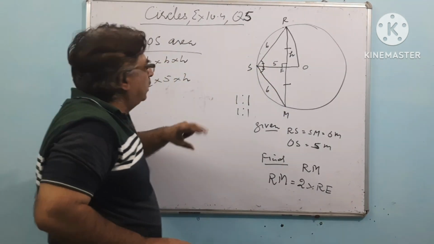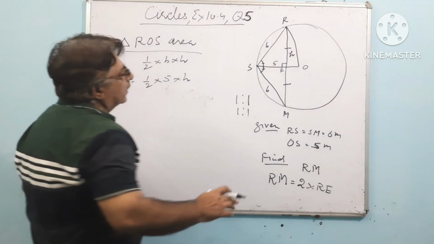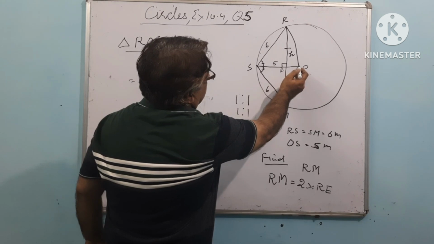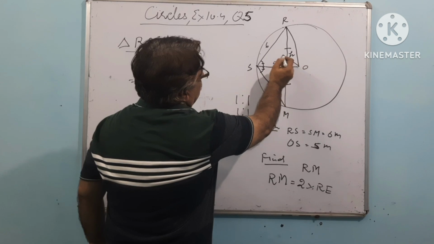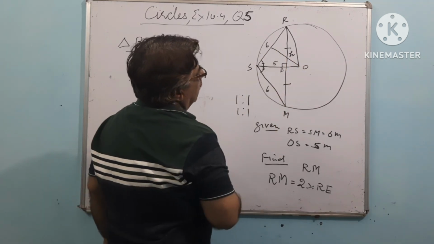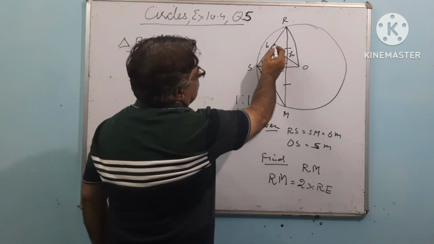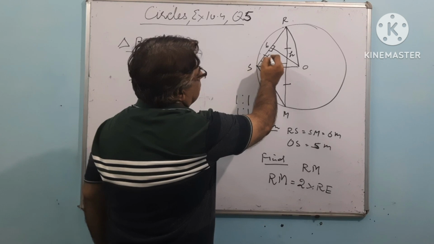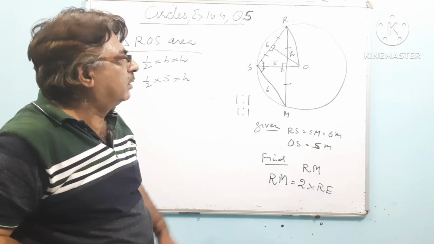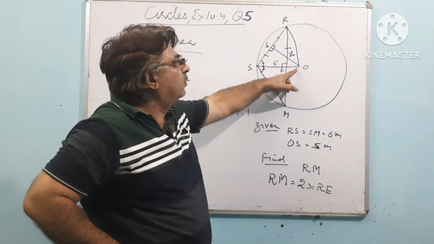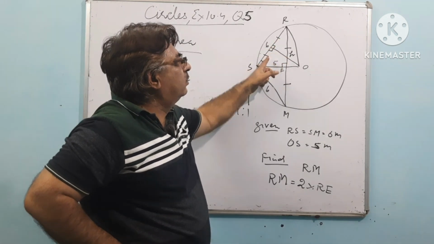Now, from a different view, this triangle can be seen like this. Draw a perpendicular from O to RS, so that it bisects RS into two parts.